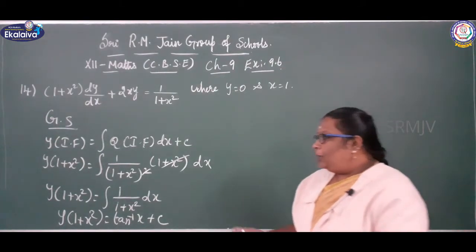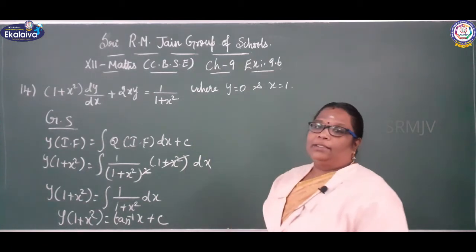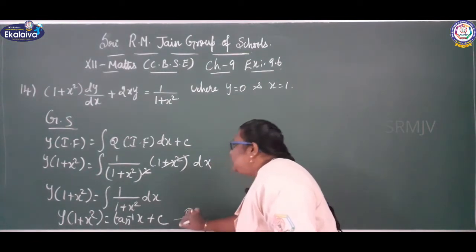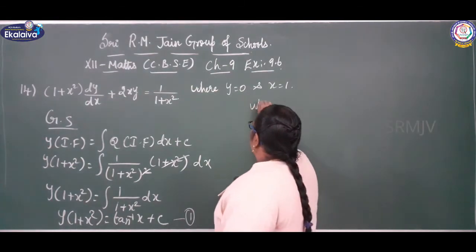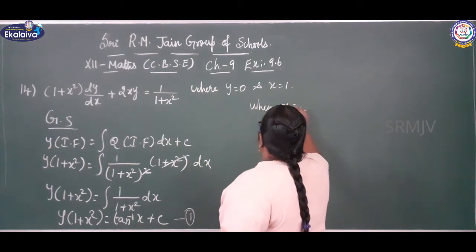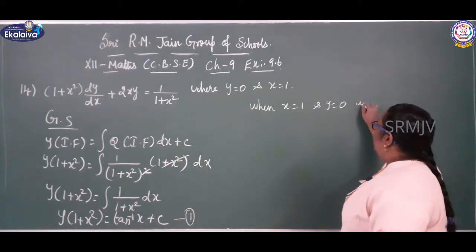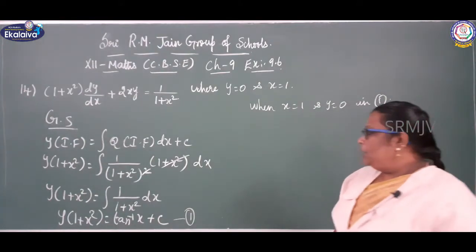We want to find out the value of c because the values are given: y equal to 0 and x equal to 1. We can substitute in this general solution and get the value of c. When x equal to 1 and y equal to 0, substitute in the general solution.